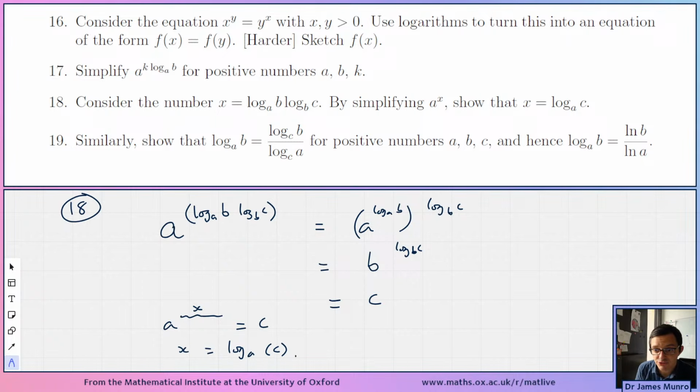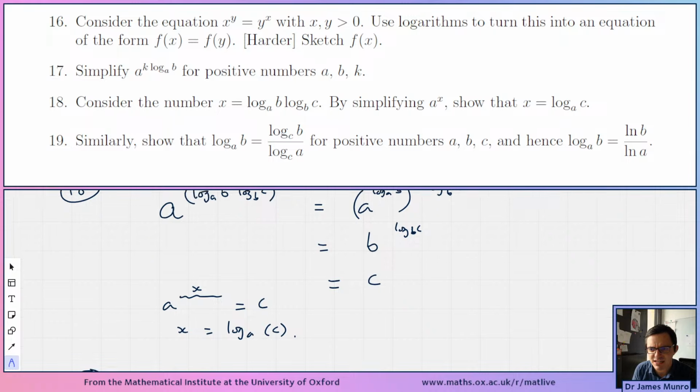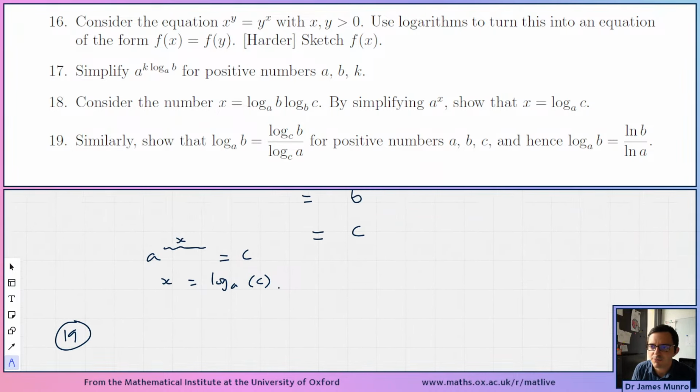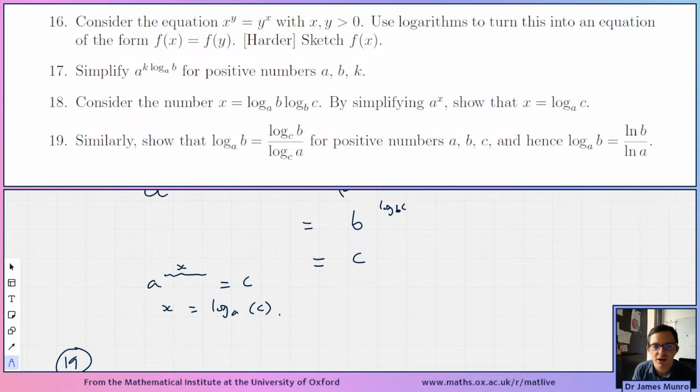Okay, and final step, and these three parts together form a kind of little proof about something nice, which is we have log base a of c. That's the thing we discovered x was equal to, log base a of b times log base b of c, which is already cool.